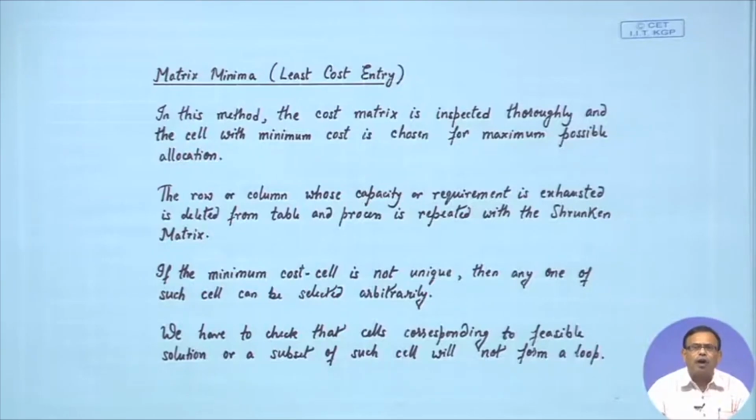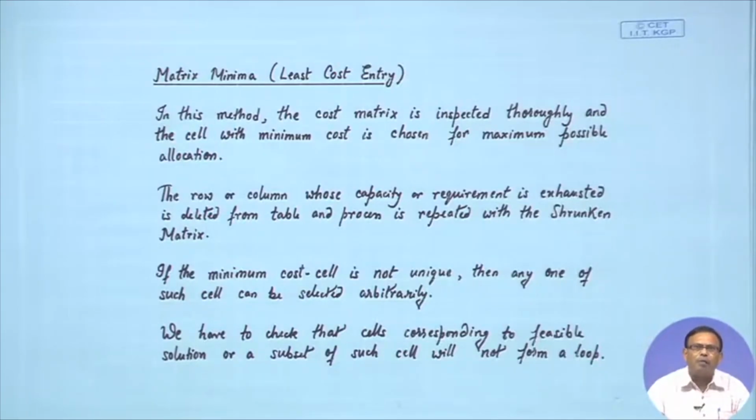Then the row and column whose capacity or requirement is exhausted is deleted from the table, and the process is repeated for the shrunken matrix, as we have seen for the earlier two cases.